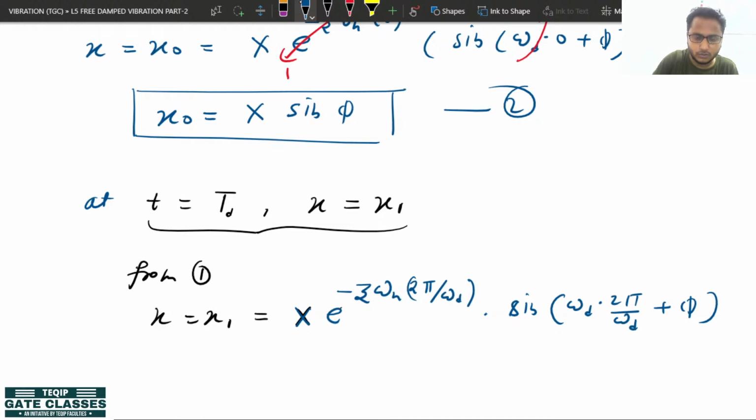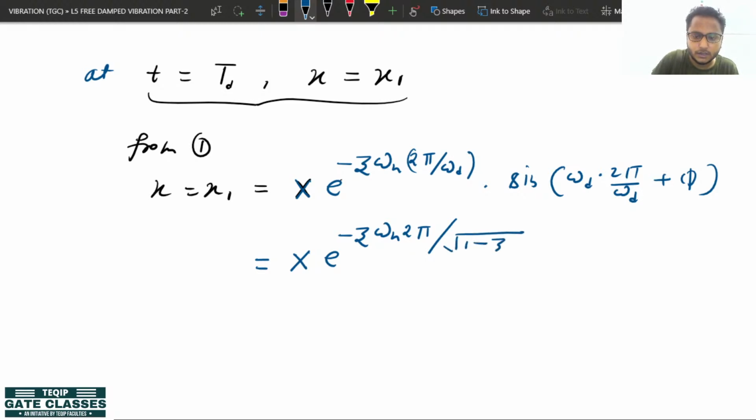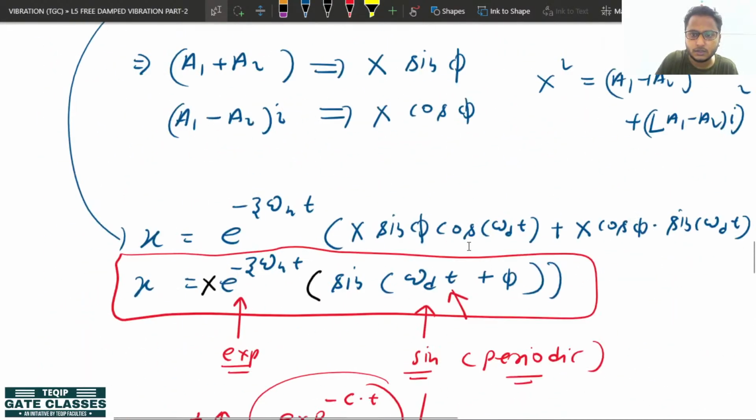So now just simplify this equation once again. Capital X exponential to the power minus zeta omega n multiplied by 2 pi divided by omega d. What is the value of omega d? We have found it is root of 1 minus zeta square multiplied by omega n. Can you remember this? Can you recall this value?